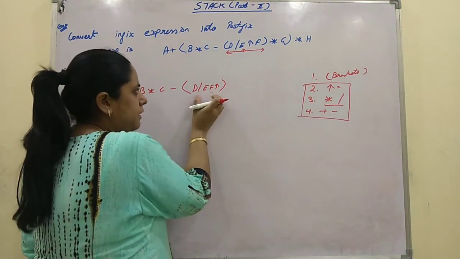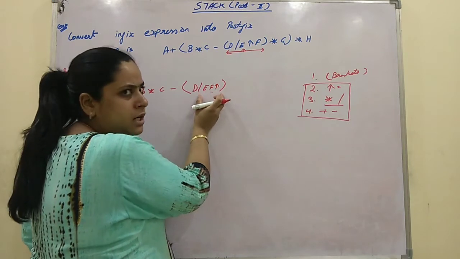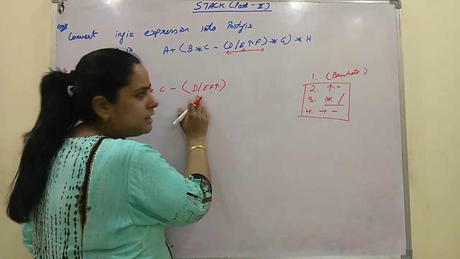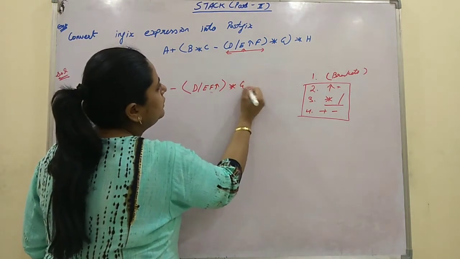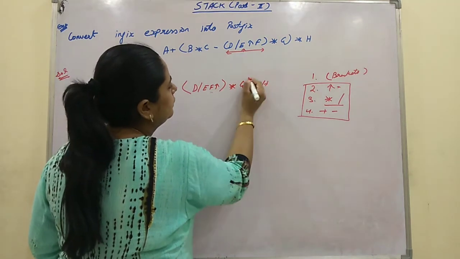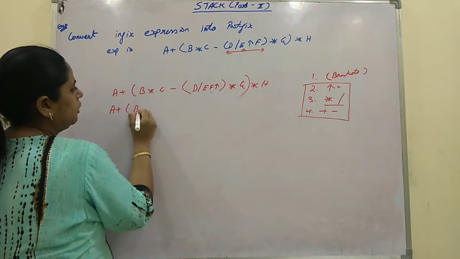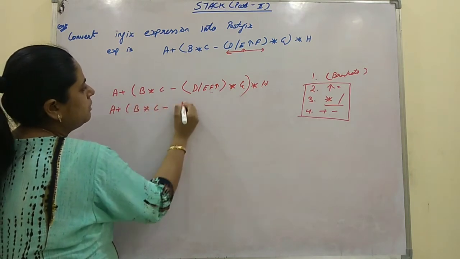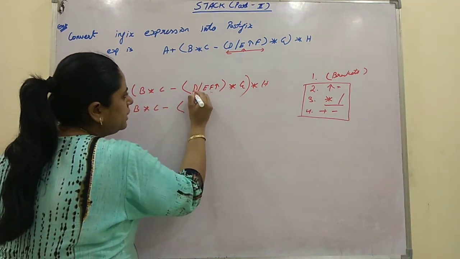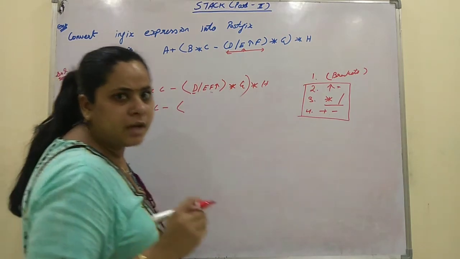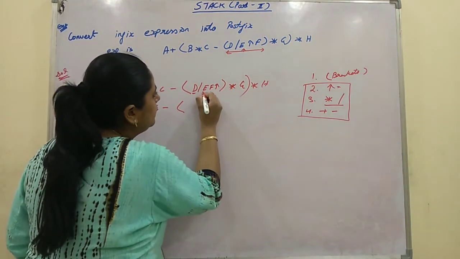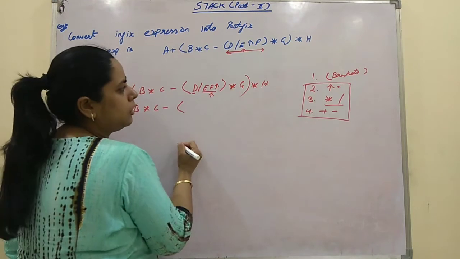Now, is this evaluated? No. Still one operator is left. We'll write the rest of the expression as it is, and in the next step we will solve this. B asterisk C minus. Now we'll consider this as one operand and this as another operand.